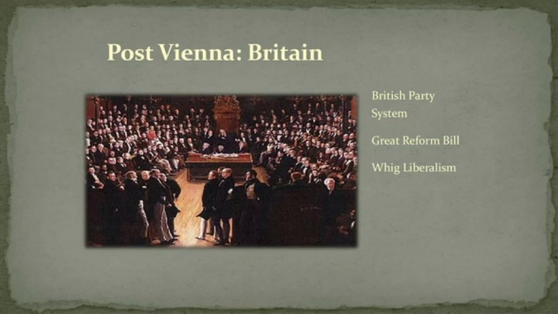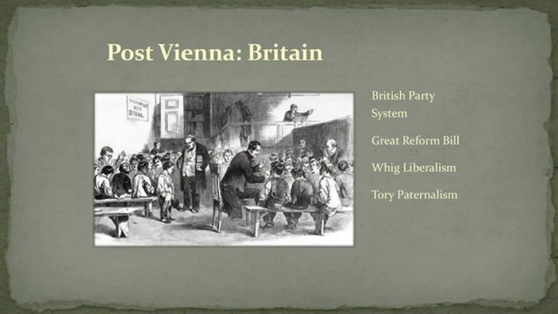Well, I don't want to give you the impression that the Whigs were the only ones who could play this game, because the Tories soon caught on. And they found areas that they could appeal to the people in too. So, being conservatives, the Tories felt that one of the tenets of conservatism is paternalism.